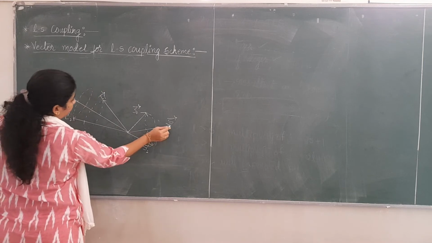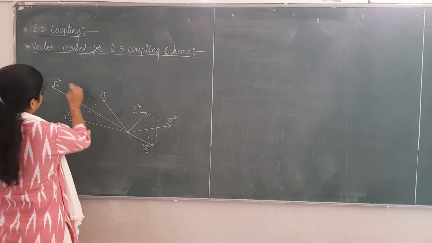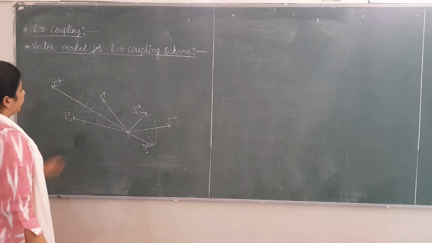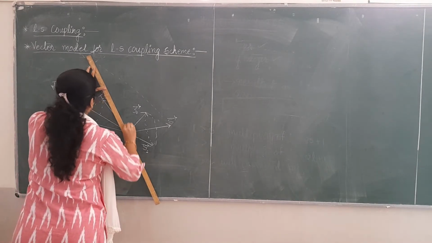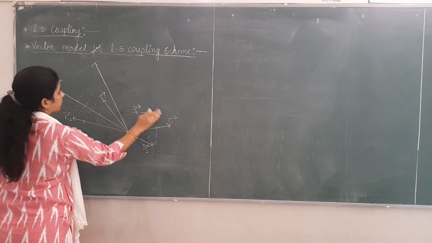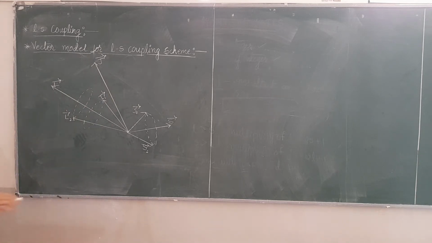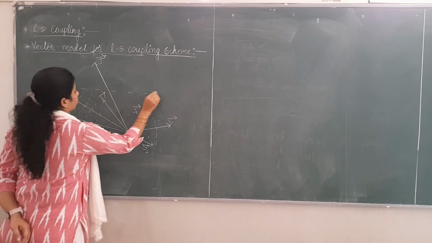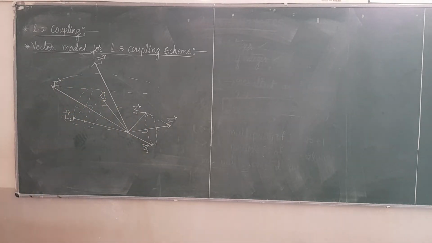I have to draw a line parallel to L, then a line parallel to S. Here, this will be our resultant J. This is the resultant total angular momentum. Again, by Larmor precession, L is going to precess around J, and S is going to precess around J. Now this is the vector model for the LS coupling scheme.